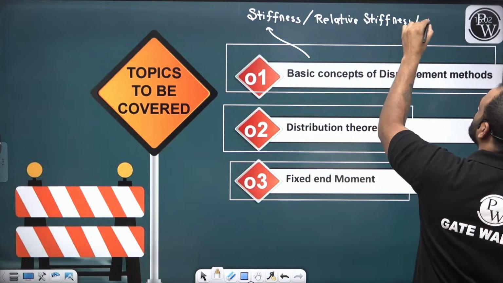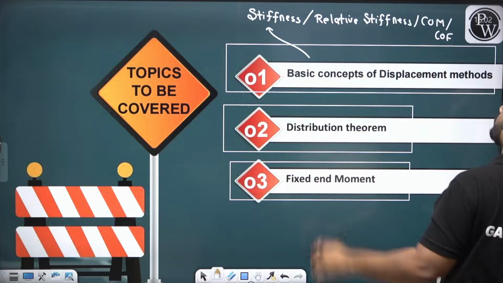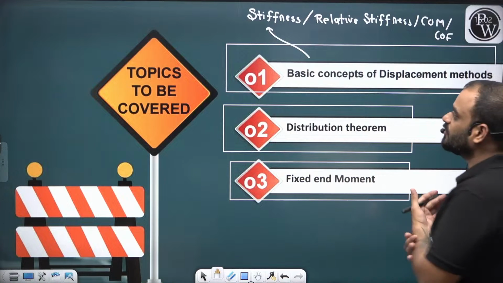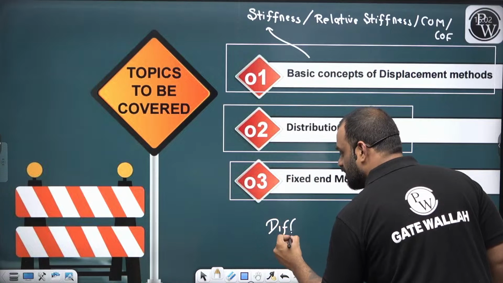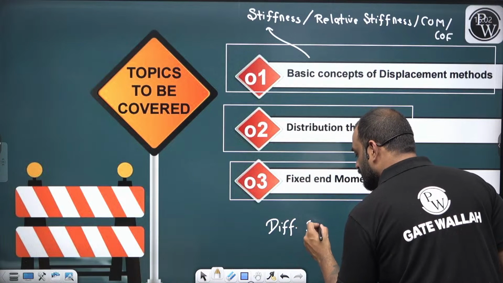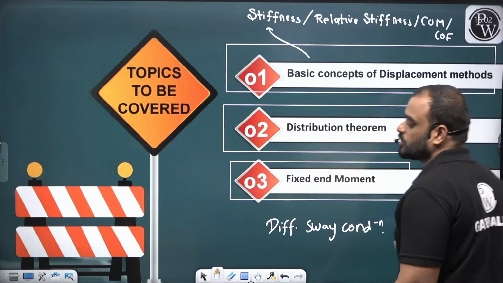Then we will discuss carryover moment and carryover factor, how we can find them out, as well as we will discuss the different sway conditions.